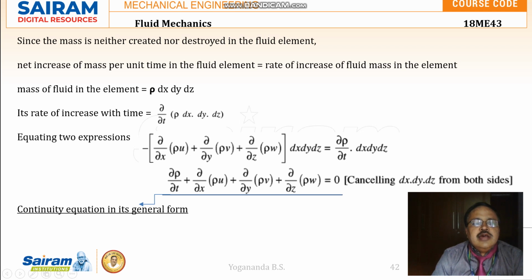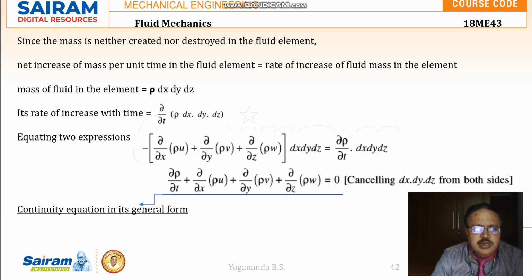Now the mass of the fluid in the element: density rho is equal to mass by volume, so I can write mass as density into volume. Density is rho, the volume of the fluid element is dx dy dz. So this is the mass of the fluid element.